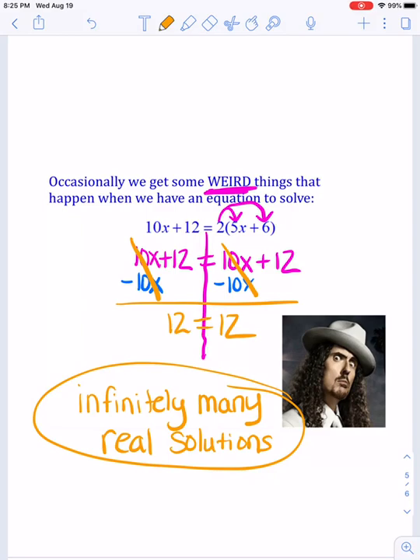That means it does not matter what I plug in for x, it's always going to hold true. So one thing you'll notice, if your variables cancel out, right, we had no more x's, and you get a true statement in the end, right, 12 equals 12, then our answer is going to be infinitely many real solutions, meaning it does not matter what I plug in for x, it's always going to be true.